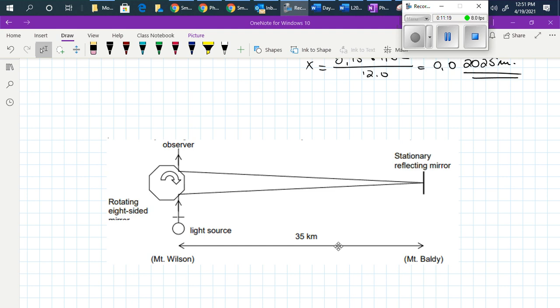The light was hitting this sided mirror, then was reflected to the reflective mirrors and came back to the sided mirror.